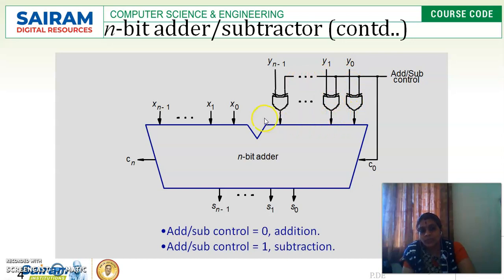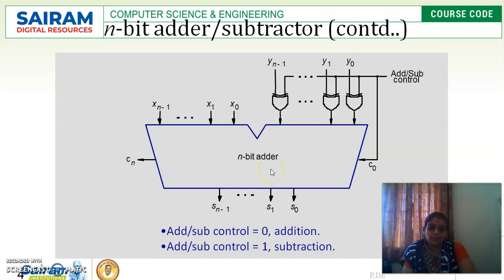Because we are having the same circuit for addition and subtraction. If it is addition, without any modification, the values y0 to yn minus 1 will be taken and added by using this adder circuit, and the result we will get as a sum s0 to sn minus 1 as well as the carry, right? So this is like normal addition.